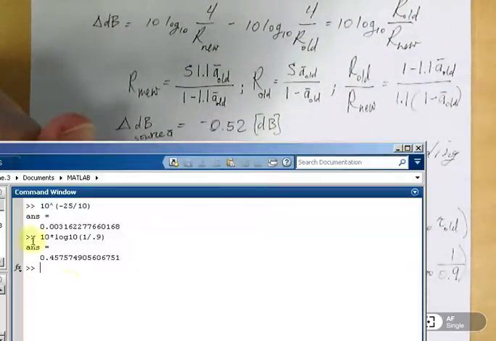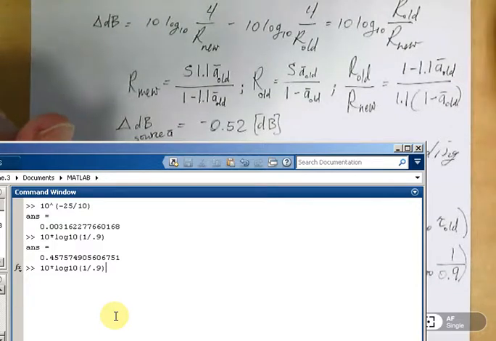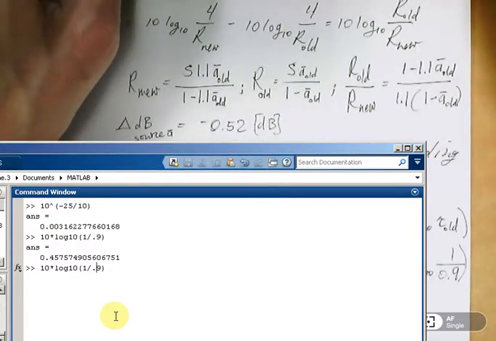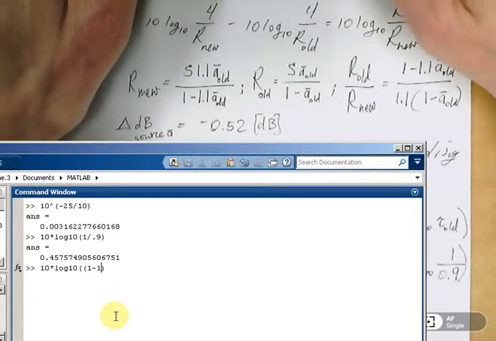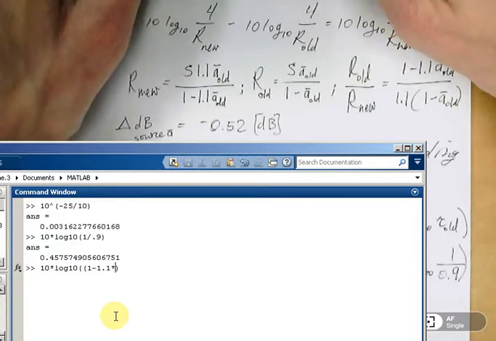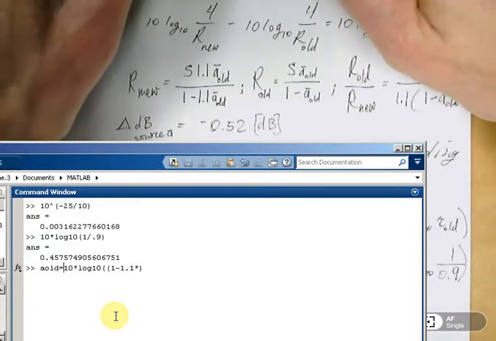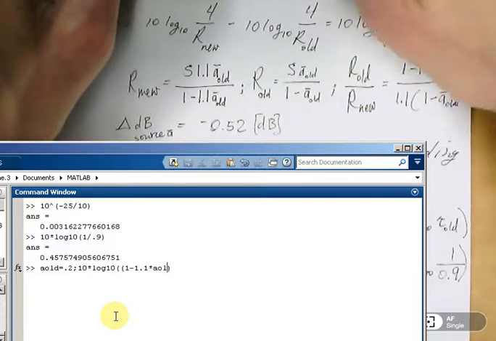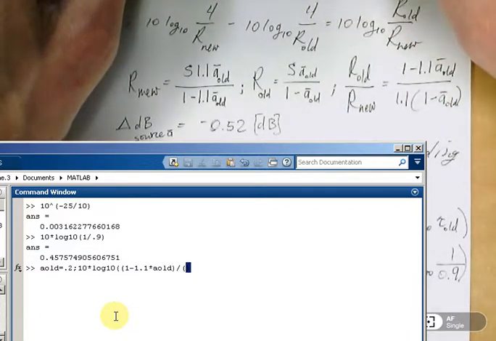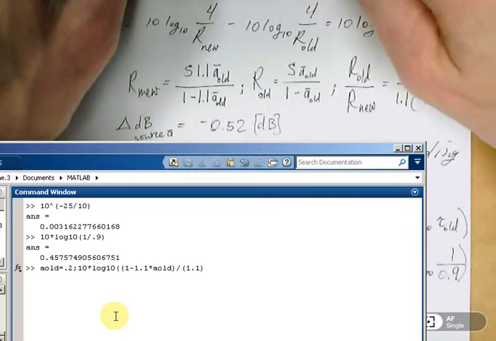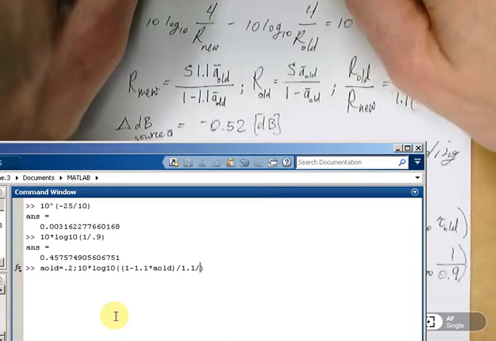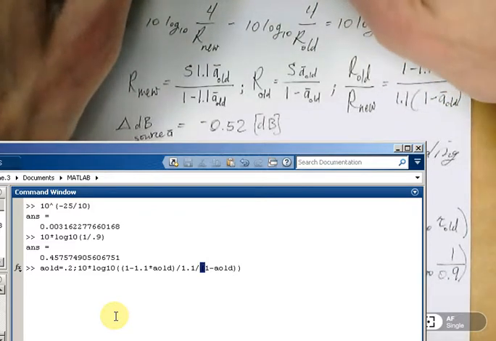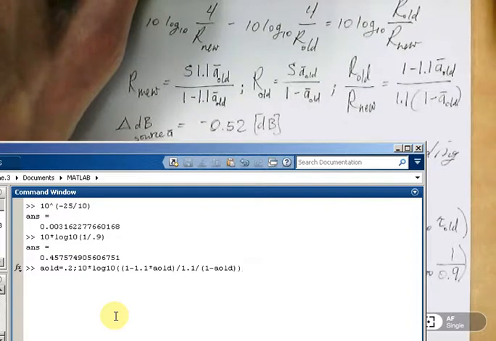So let's do 10 log 10 of 1 minus 1.1 times A old, divided by 1.1, divided by 1.1 divided by 1 minus A old. There is our negative 0.52.